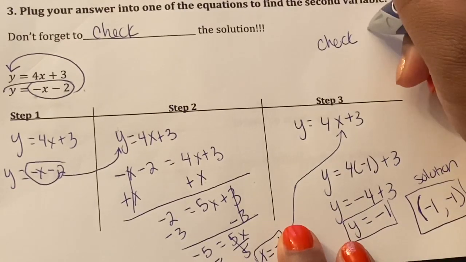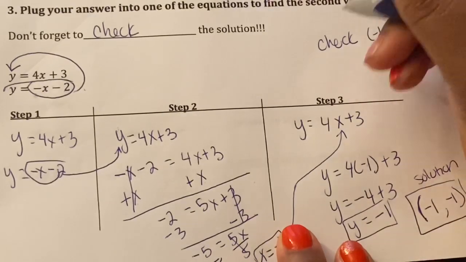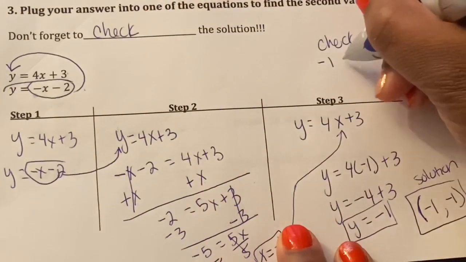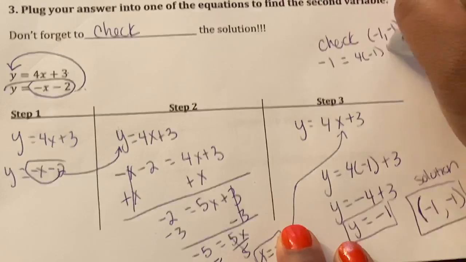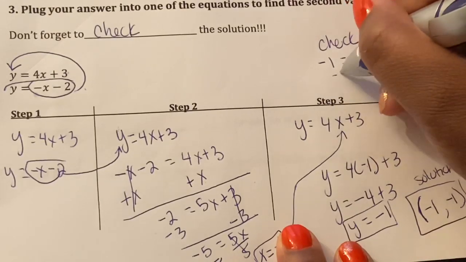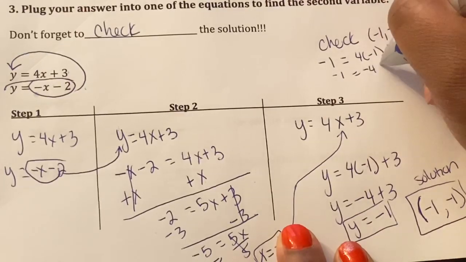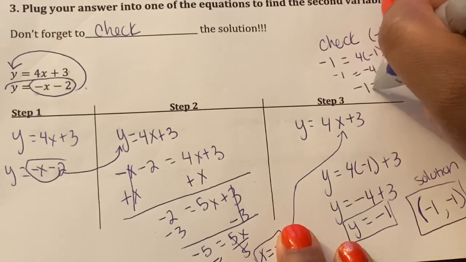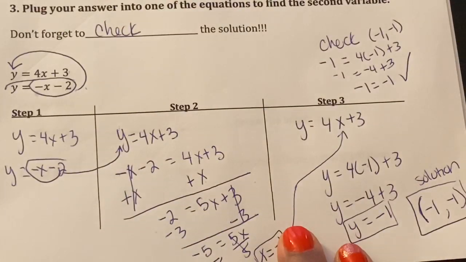So I'm going to plug in negative 1, negative 1 to find out if that is true. This is the first one: negative 1 equals 4 times negative 1 plus 3. Negative 1 equals, well, 4 times negative 1 is negative 4, plus 3. Negative 4 plus 3 is negative 1. Negative 1 equals negative 1. Great, it works for the first equation.